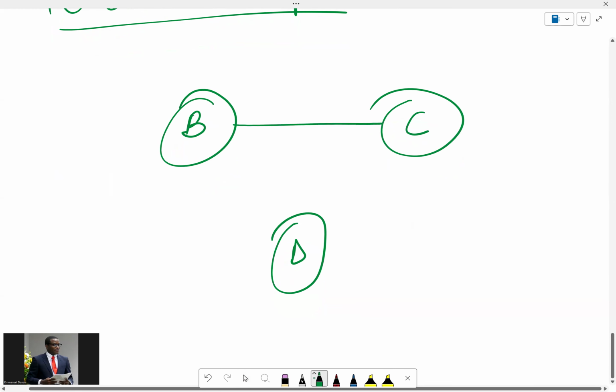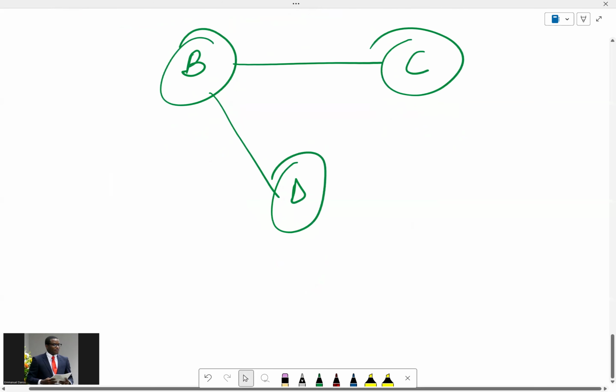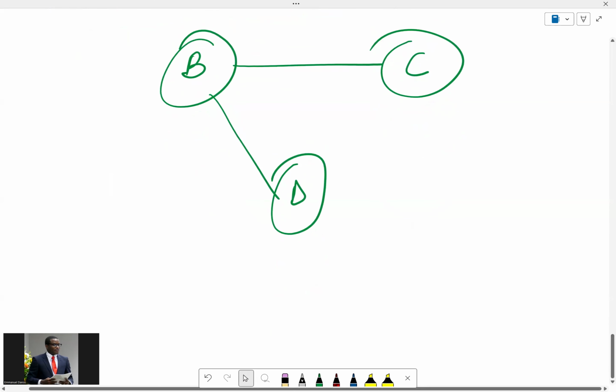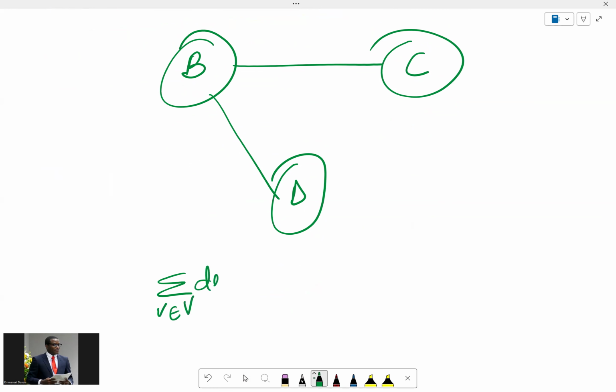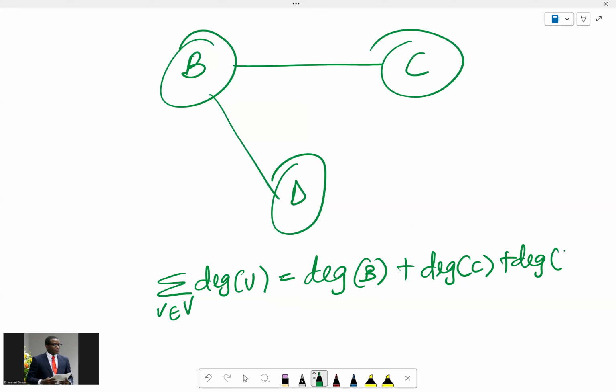So Bose is friends with Chioma. Bose is friends with Dunia. Let's just even leave it this way. We are used to everything being connected, but let's just say this is what we have, right? So the summation of the degree of the vertices would be the number of friends Bose has plus the number of friends Chioma has plus the number of friends Dunia has.